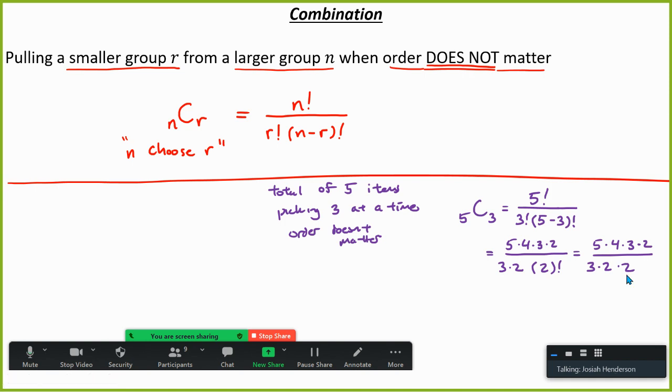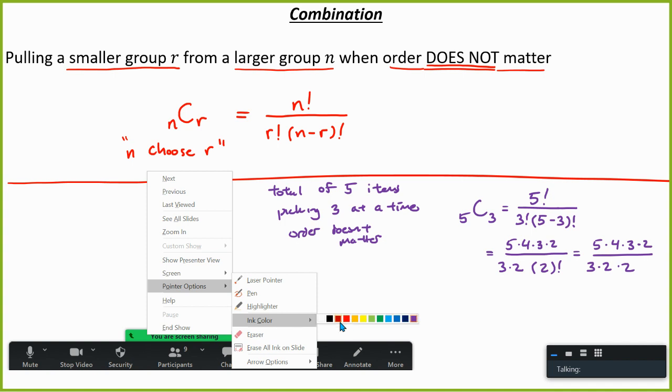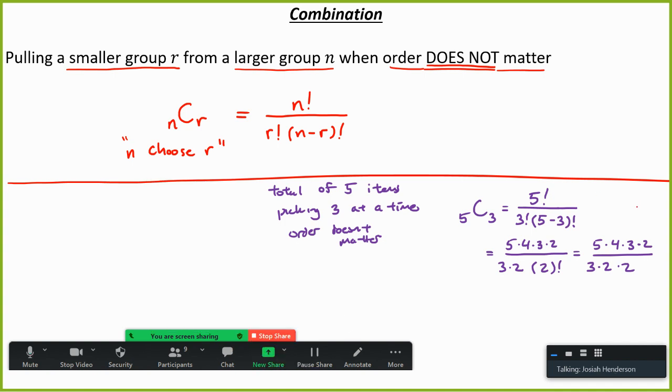So now we're going to cancel and simplify everything we can. I'm going to change to red. Notice we've got a 2 in the top and bottom, so they can cancel. We've got a 3 in the top and bottom, they can cancel. Then we've got a leftover 2 in the denominator. There's nothing to cancel it with, but I can reduce 4 divided by 2, which is 2.